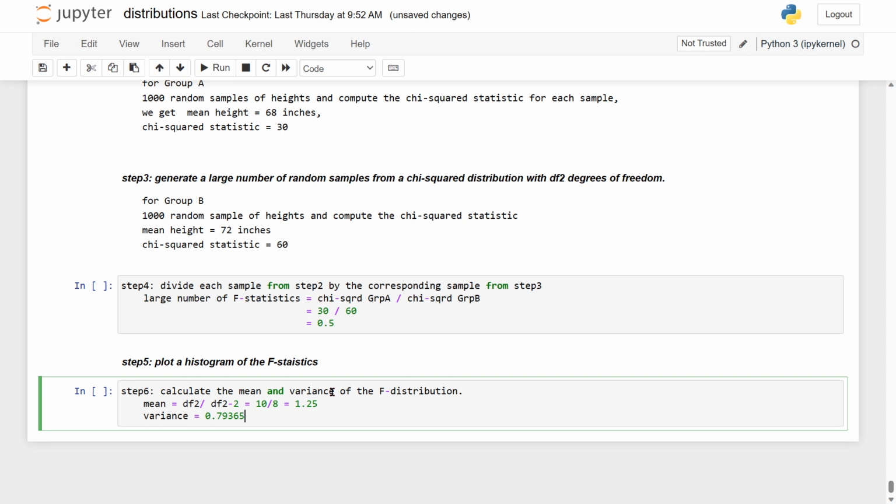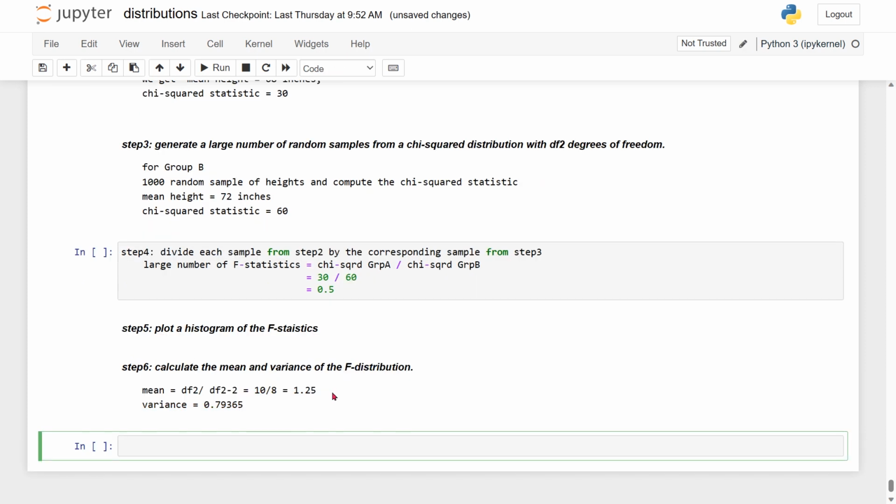Now note that the most important point to remember here is that mean and variance are only defined for df2 greater than 2. In our example, df2 is equal to 10. That's what we have specifically taken, df2 which is greater than 2. Even df1 is also greater than 1, but this is only based on df2.